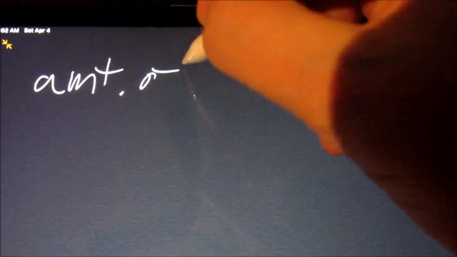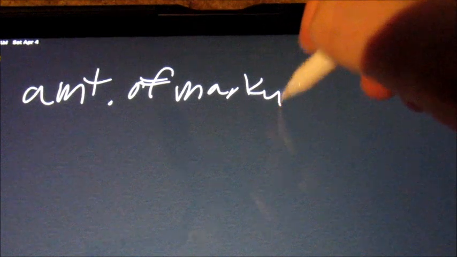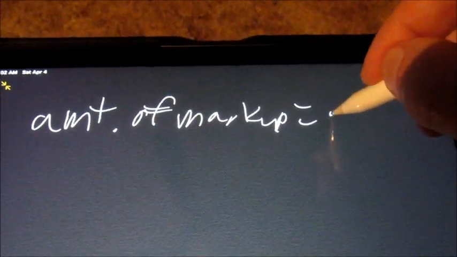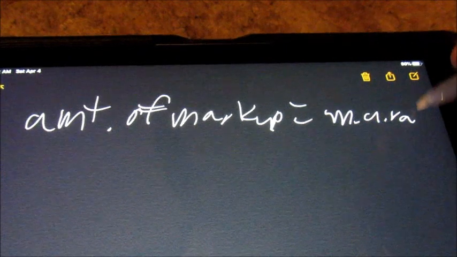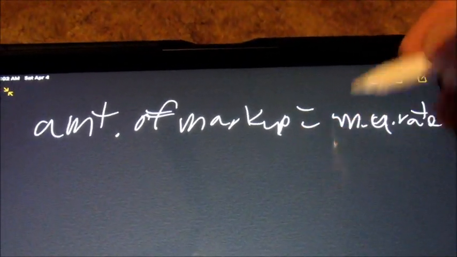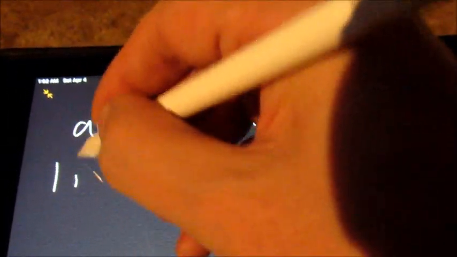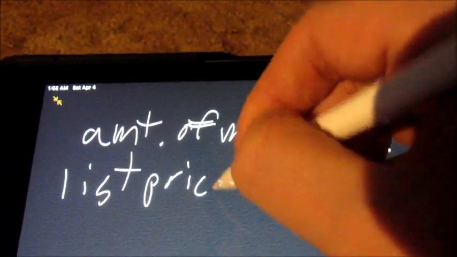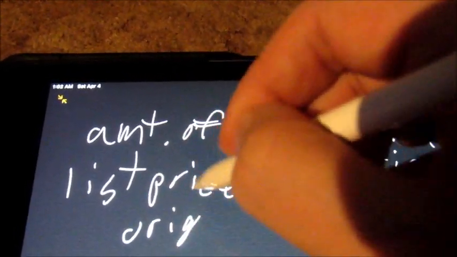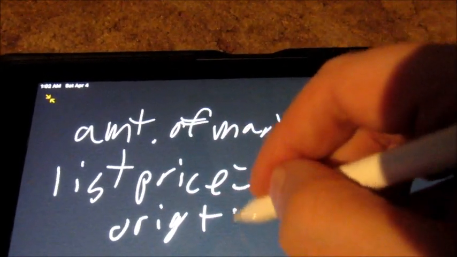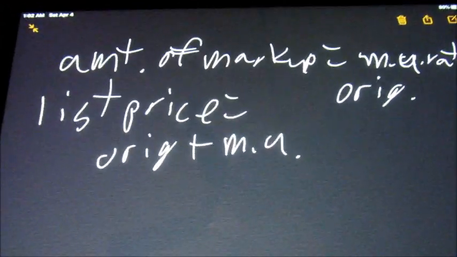The last type of question in this section is going to be about markup. And that's like going from wholesale to resale. So the amount of markup equals the markup rate times the original, and then the list price equals the original price plus the markup.